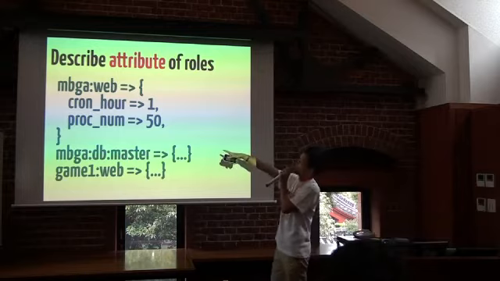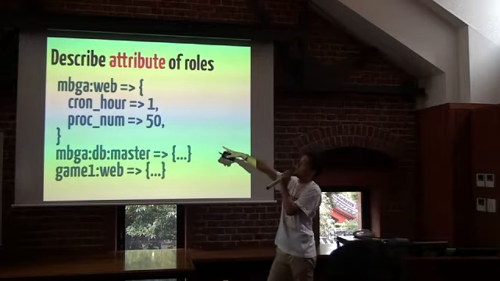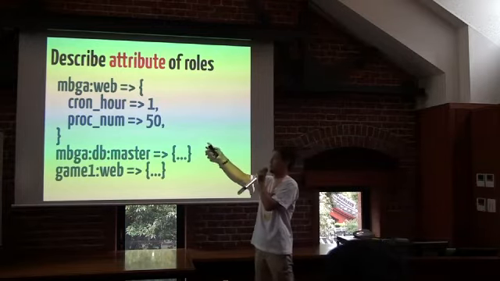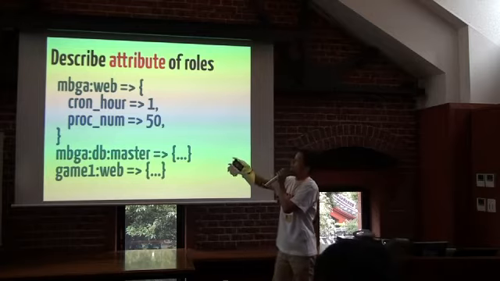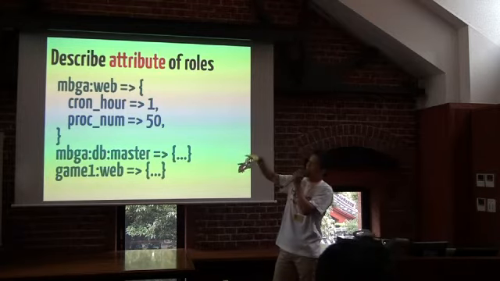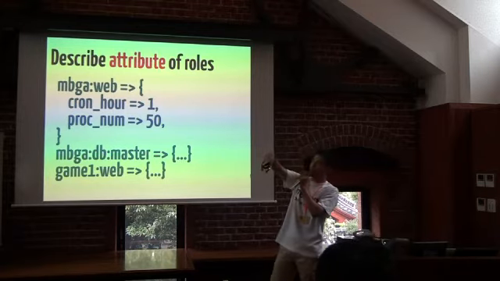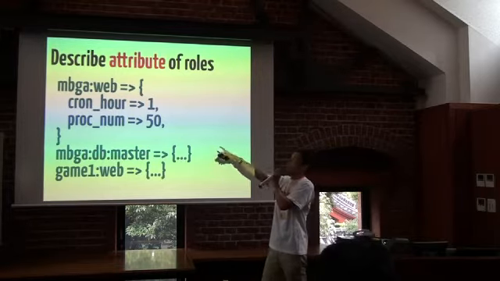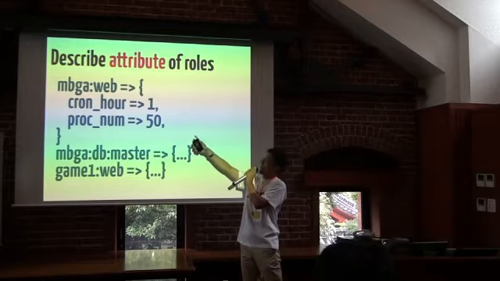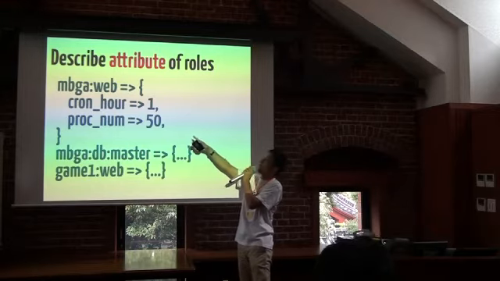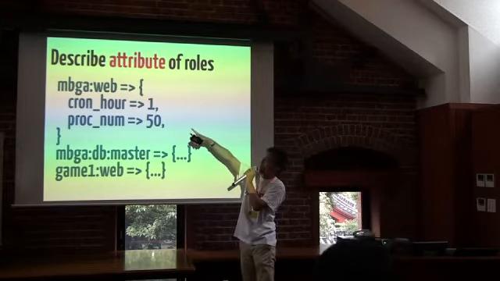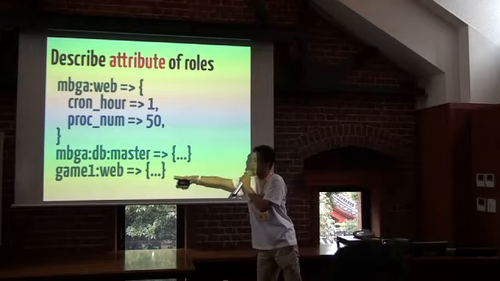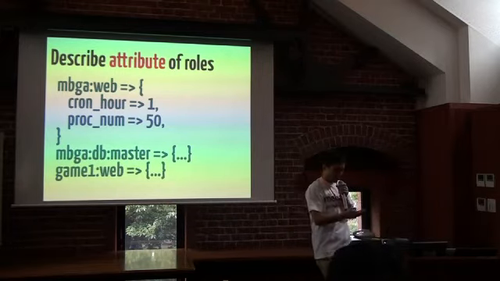Like the mobile game web server has cron execution, and you can write the cron template. Then you can define the correct hour for mobile game web or maybe game master or game server or something. Okay.